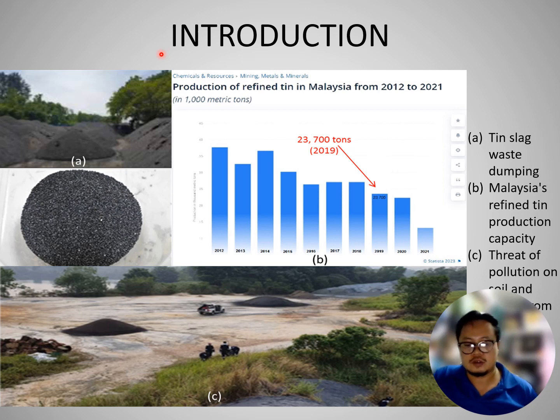The consequences of that situation have given a threat of pollution to the soil and underground water from the tin slag dumping area. Therefore, for sustainability, we have introduced consuming tin slag waste as aggregate in polymer concrete.